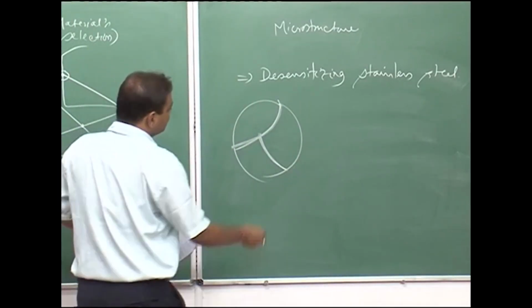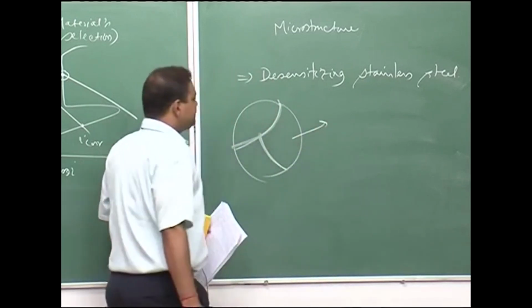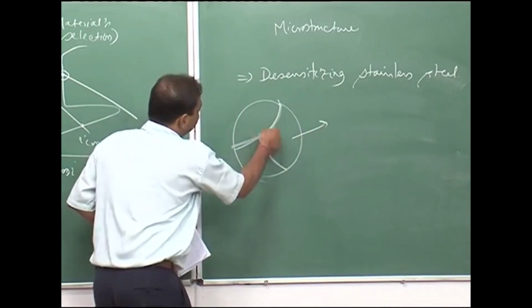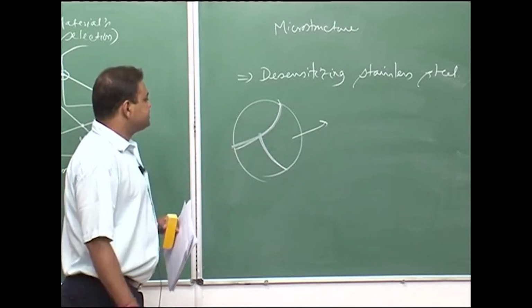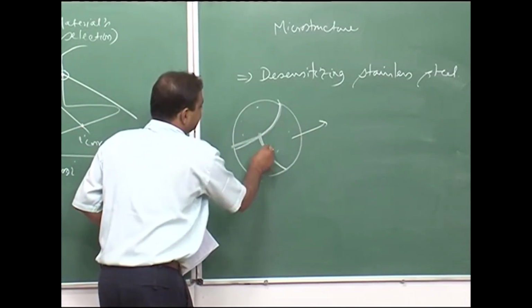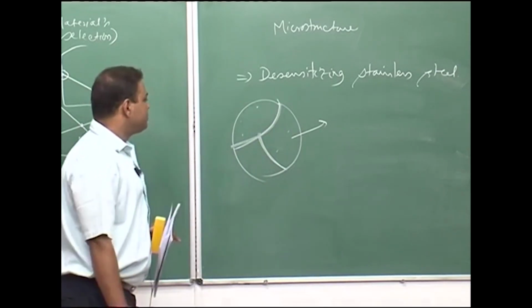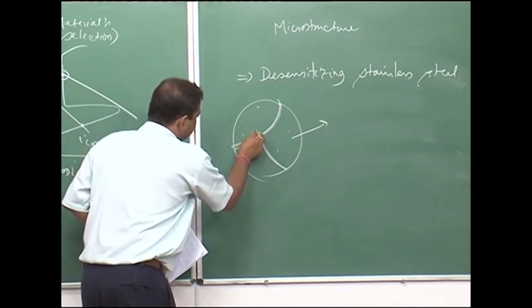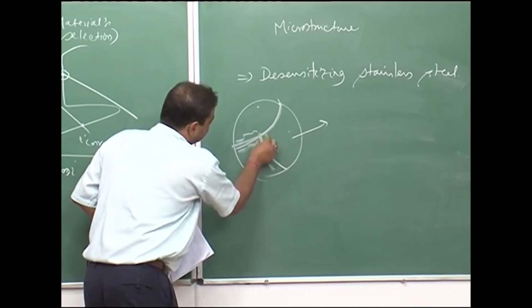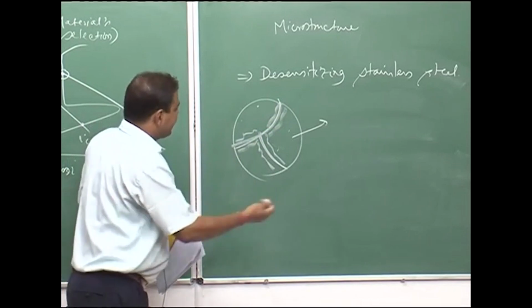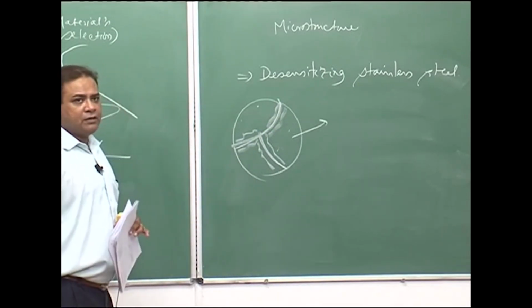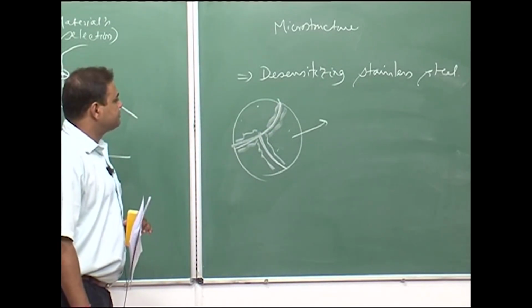Now, what you can do, you take it to 1000 degrees Celsius, all the carbides will dissolve and there would be uniform chromium percentage all over the place, so there will not be any chromium depleted zone around the grain boundary. Then we can employ rapid cooling just to avoid chromium carbide precipitation.